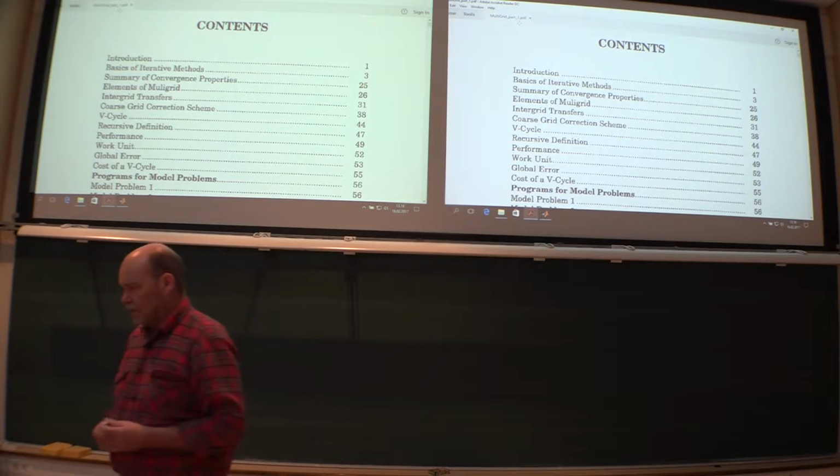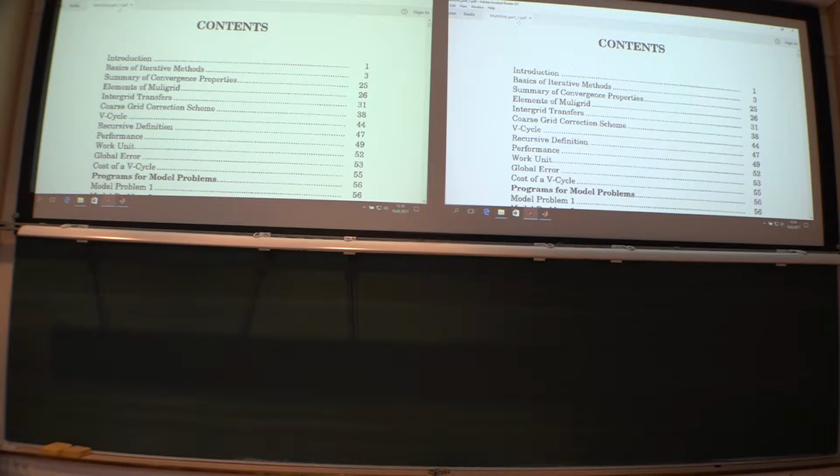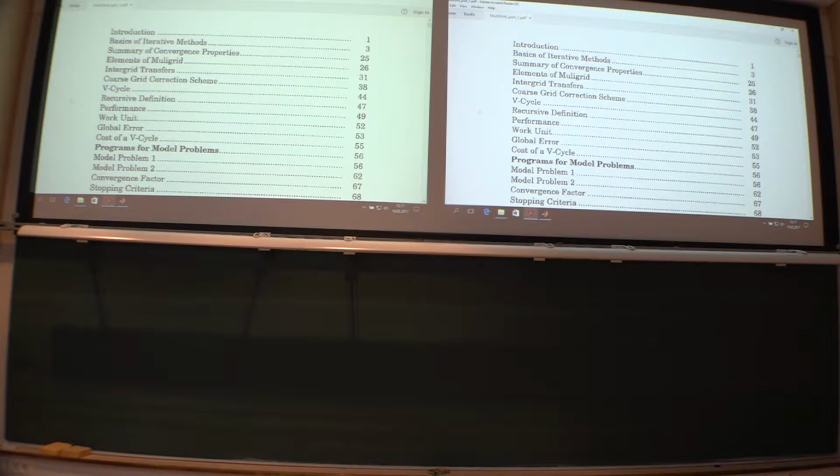It's handwritten notes from Årset based on this nice little tutorial by Briggs, cute little book. So this is what we are going into today, starting with the basis of the classical iterative methods, and then how we could use that to construct a multigrid method.